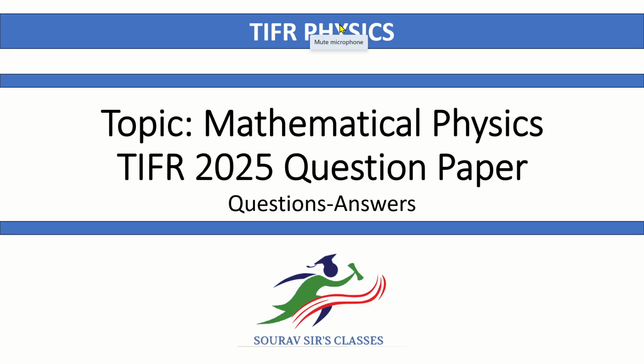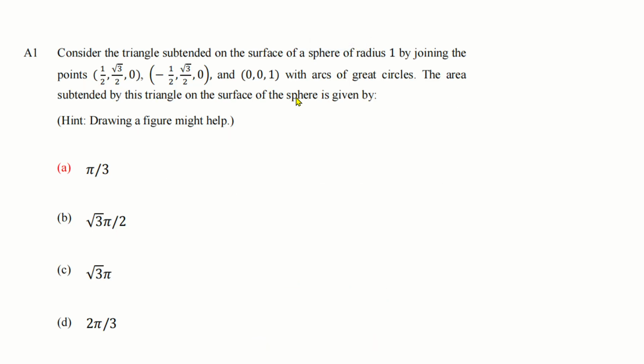So the first problem states that we consider the triangle subtended on the surface of a sphere of radius 1 by joining the points (1/2, √3/2, 0), (-1/2, √3/2, 0) and (0, 0, 1) with the arcs of great circles. The area subtended by this triangle on the surface of the sphere is.